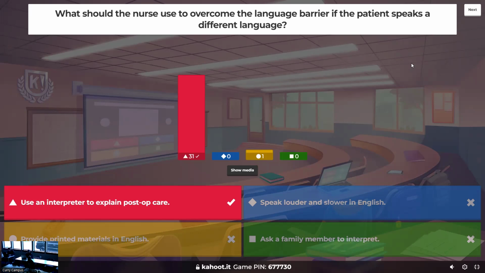Use interpreter to explain post-op care. And I think there's an Oregon law about interpreters. I've used Google Translate once with a patient in the ICU, well, patient's family, and it worked well, but by law, I should have had a professional interpreter with that patient. Not that I got in trouble because nobody found out, but then you'd probably maybe sign up to be an interpreter.